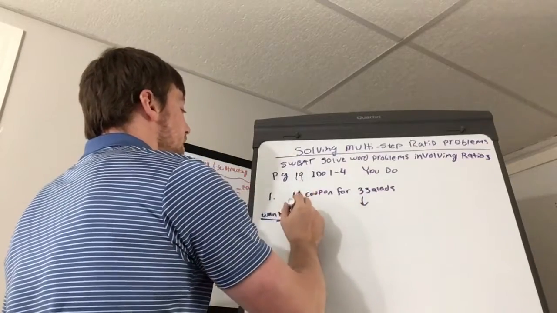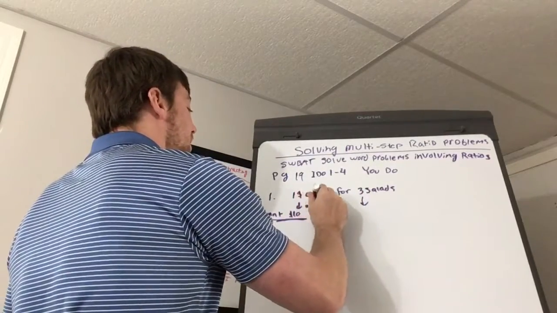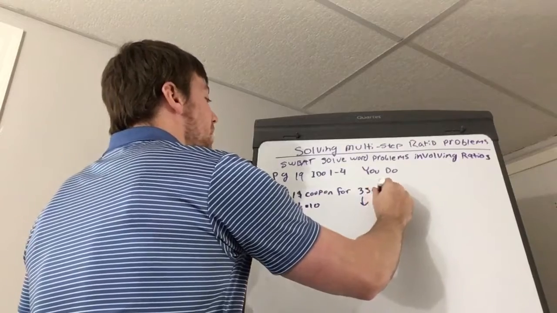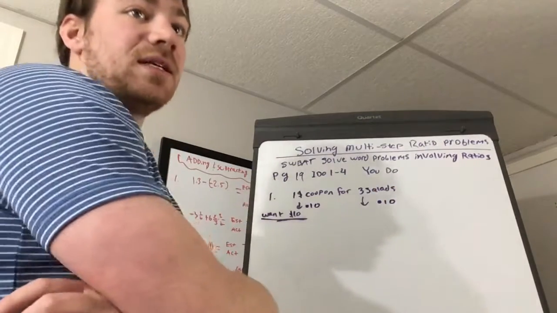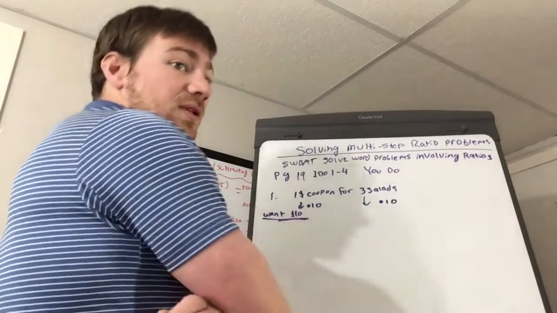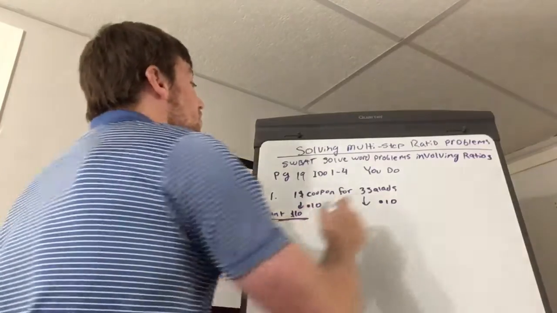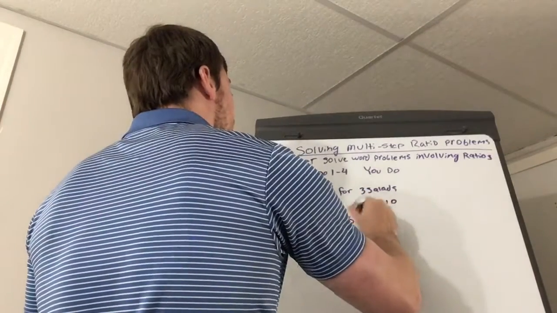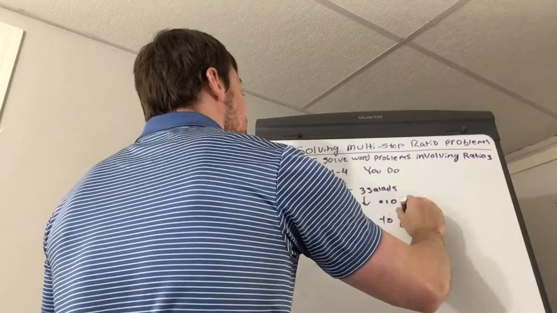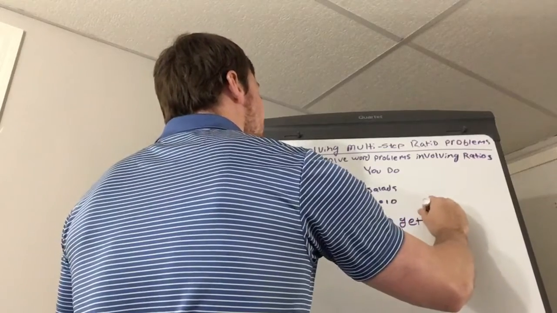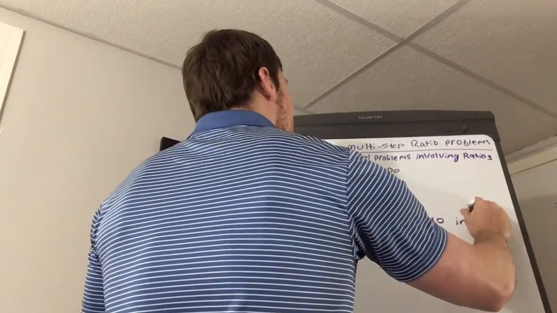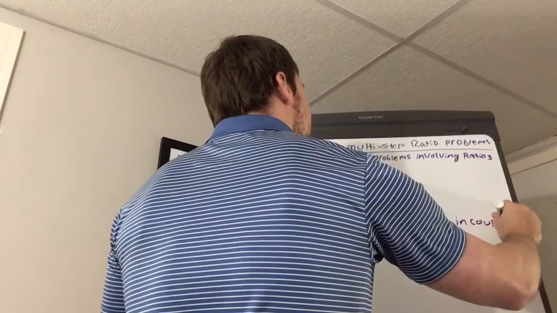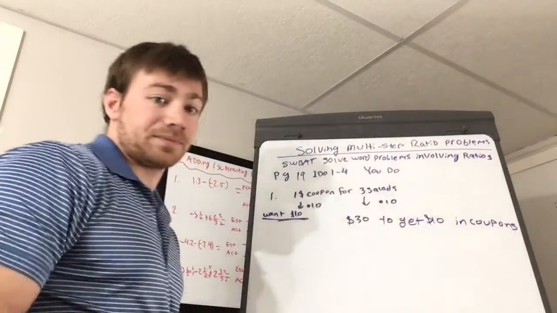To go from 1 to 10, you multiply by 10, so here you multiply by 10. So what is the least amount that you could spend to get $10 in coupons? Well, you've got to spend $30 to get $10 in coupons. Okay, very good.